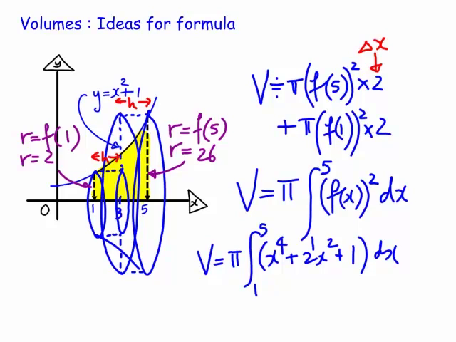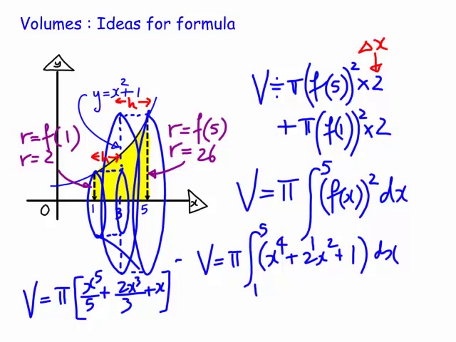So the volume would equal pi. Let's work all these out. X to the 4 integrates to x to the 5 over 5, plus 2x cubed over 3, plus an x. Evaluate that from 1 to 5.